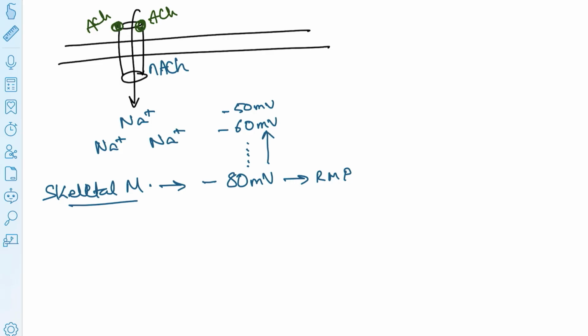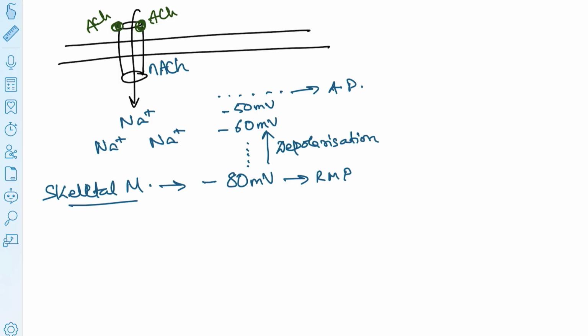So we can see a phenomenon that you might know, that is known as depolarization. As more sodium ion will enter the cell, the potential of the cell will start to rise. From minus 80, that is the resting membrane, it will start to go minus 60, minus 50, and at a particular time point it will reach a particular threshold at which the action potential is evoked.